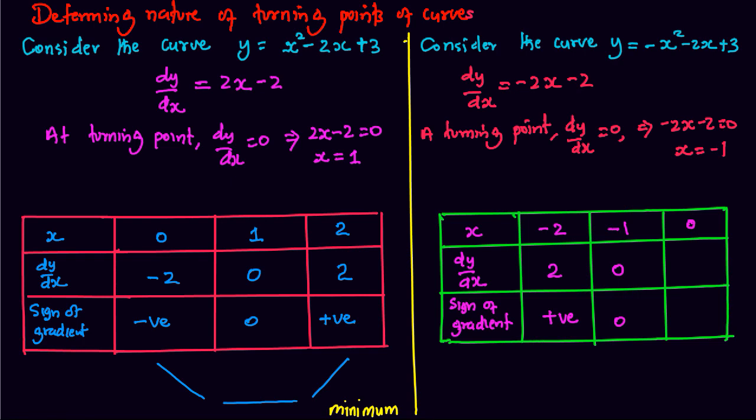Dy dx is negative 2, and therefore the sign of the gradient is negative.